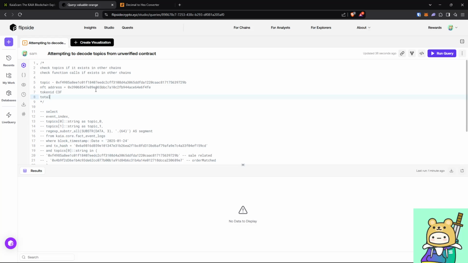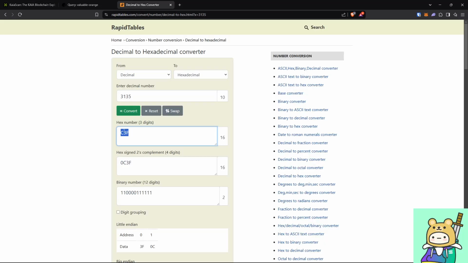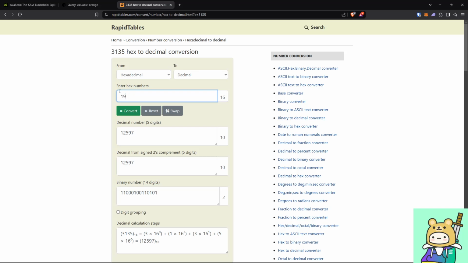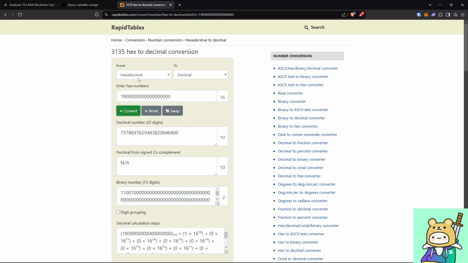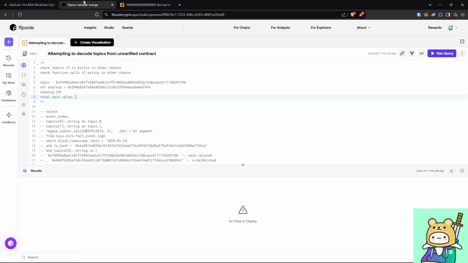Total sale value 1.9, so this would be 0x18, I think. Okay, do we have this amount somewhere?